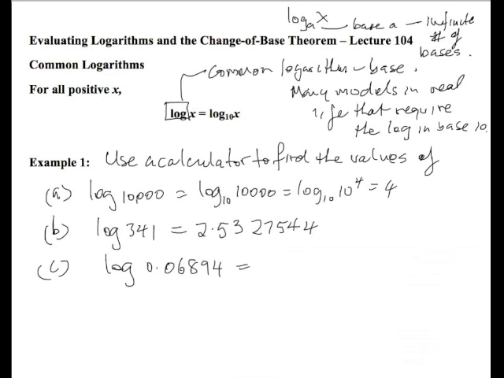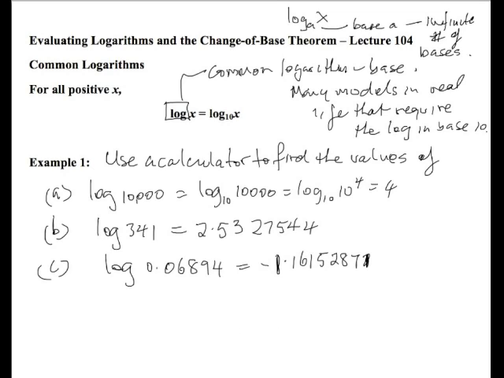Notice it's a negative number, which makes sense. And so we end up with this being negative 1.1615287, if I round it off there. So there we have a way of doing this using a calculator.